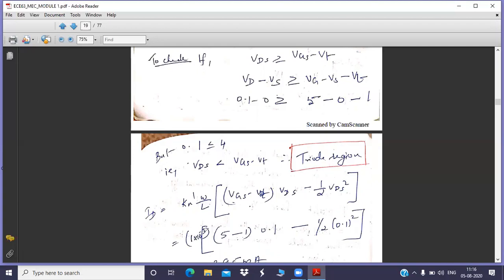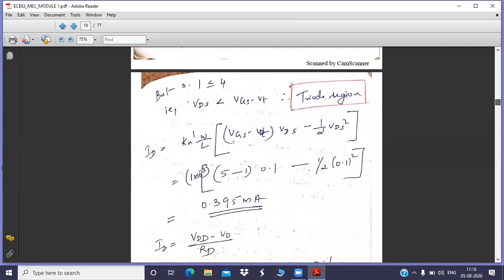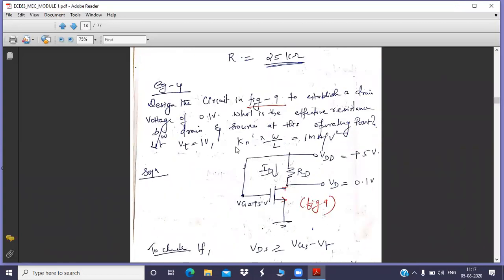And what are the parameters? You have Kn dash W by L. Let me see what is given in the question. Kn dash W by L is given as 1 milliampere per volt square.